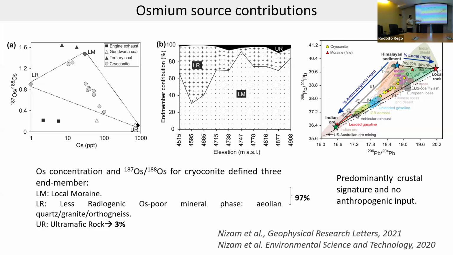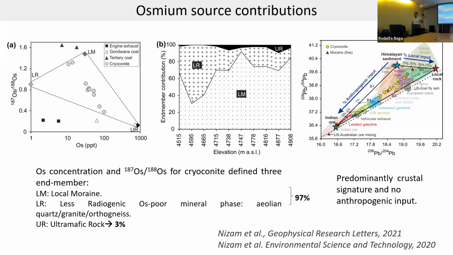Of course, osmium, I'll just give you a quick example. Osmium is also released from catalytic converters in cars, because all our catalytic converters are coated with platinum and palladium. So when a vehicle moves, it releases them. PGE, platinum group element contamination, usually is tracked back to vehicle movement.